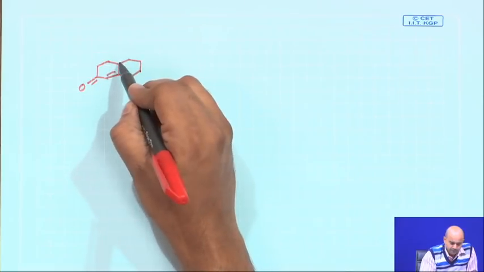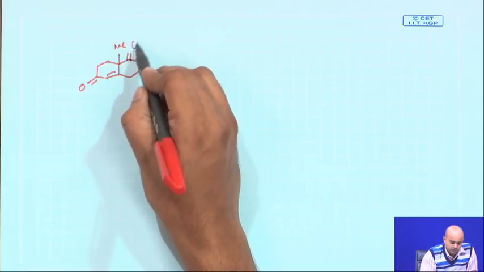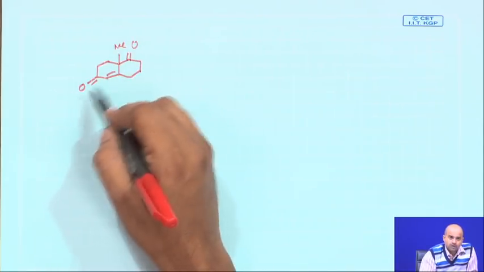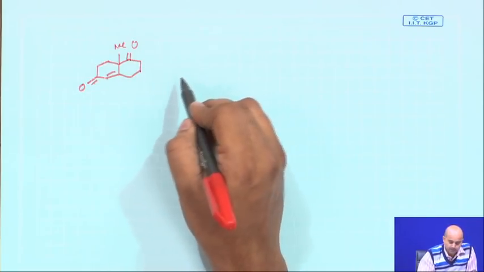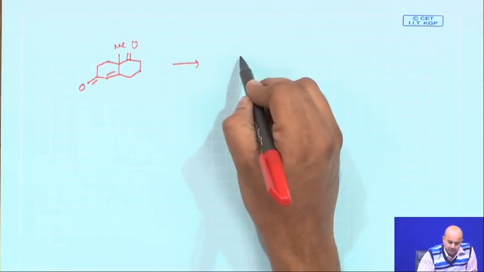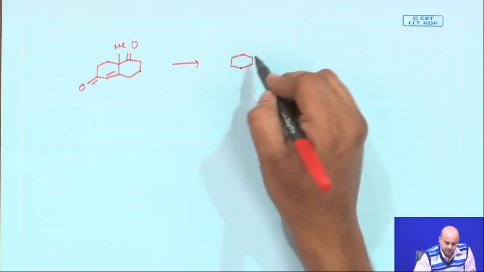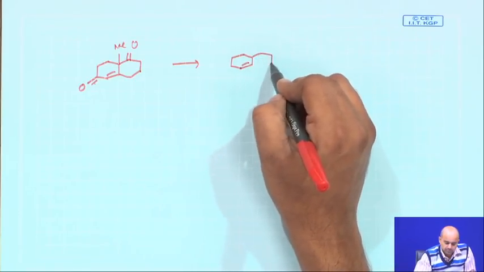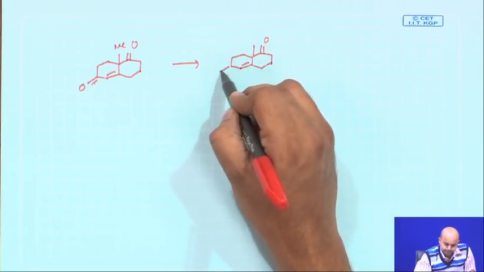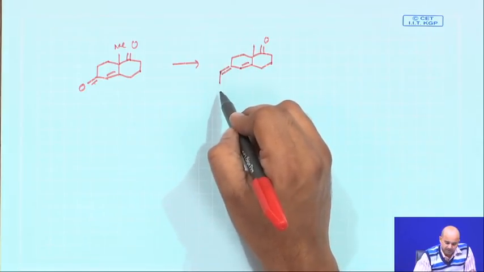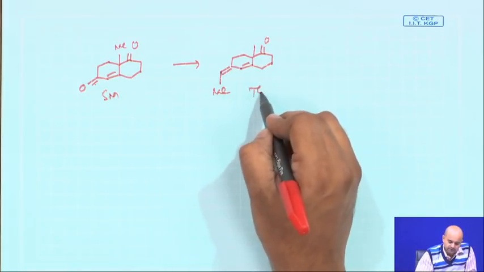This example is a bicyclic ketone, but there are two carbonyl functionalities, one alpha,beta-unsaturated and one saturated. And the target molecule given here is something like this. So this is the starting material, and this is the target.